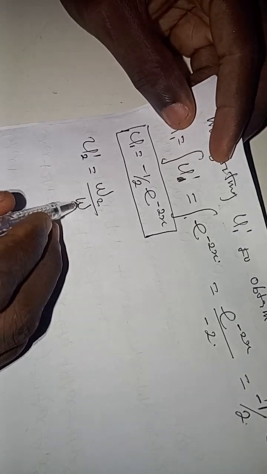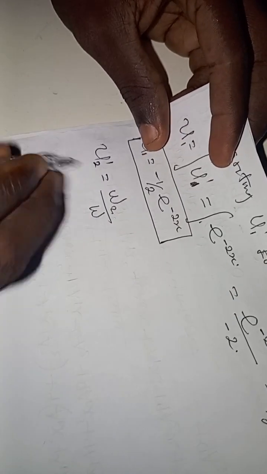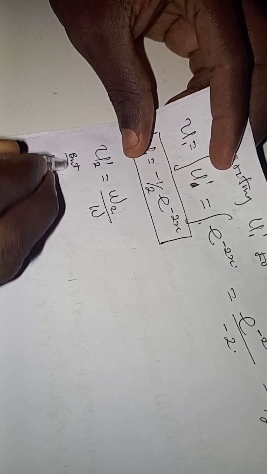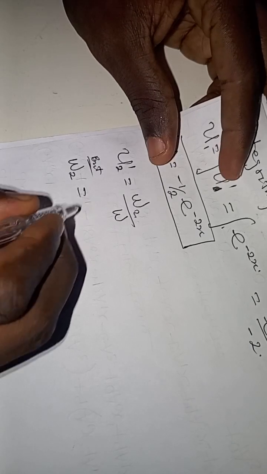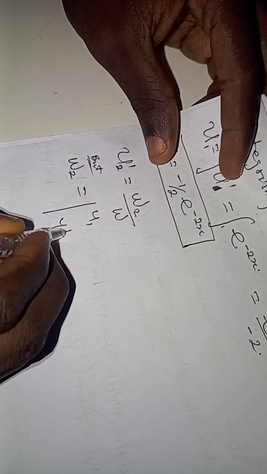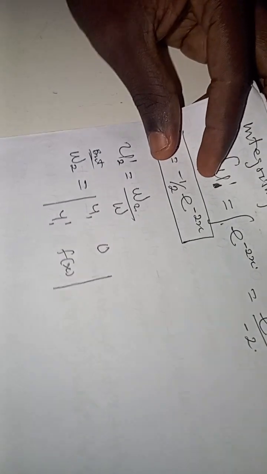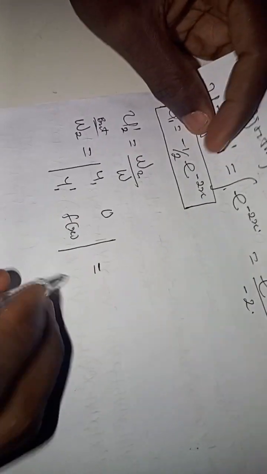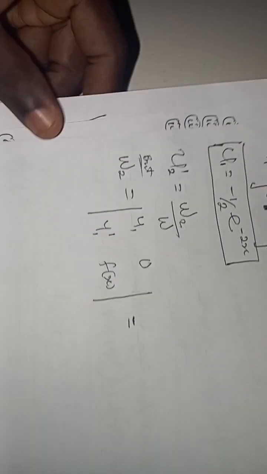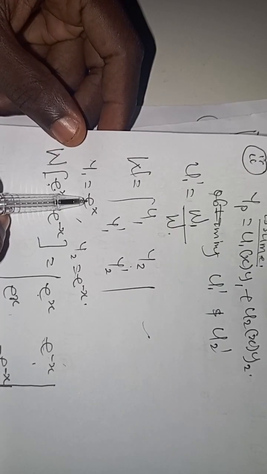We already know our Wronskian, which is minus 2, so we are going to obtain w2. I gave you the expression that w2 is equal to the determinant of y1, y1 prime, and 0, f of x. I'm going to look for my y1 from our yp. From this point, my y1 is exponential x.